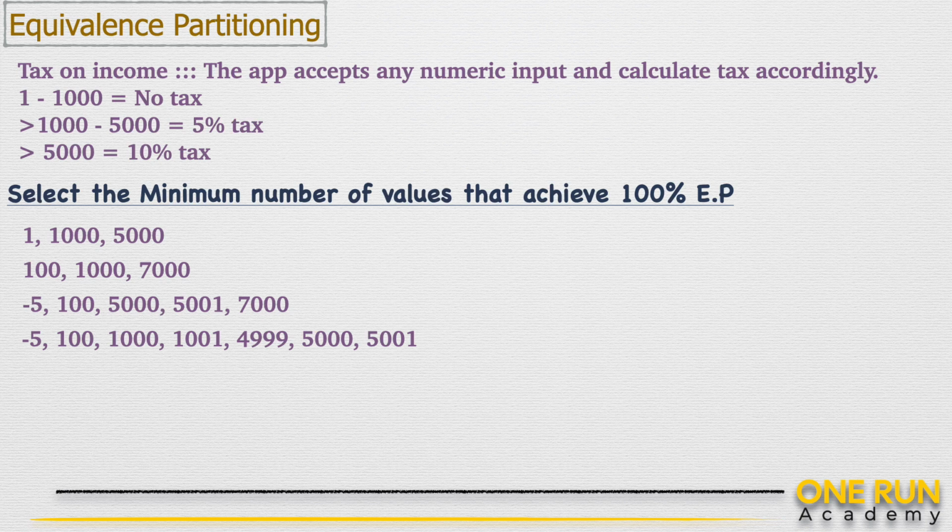Above 1000, up to 5000 will pay 5% of their income as tax. And above 5000, they will have to pay 10% taxes.